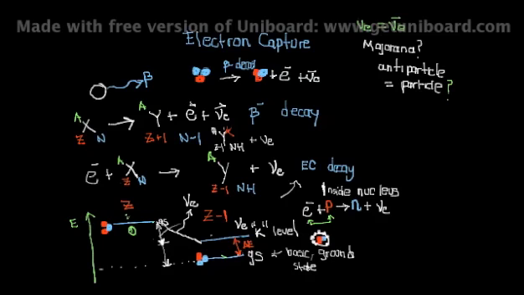So the nucleus will take one electron, and when it does, one proton will change to one neutron, and therefore we will have two neutrons.